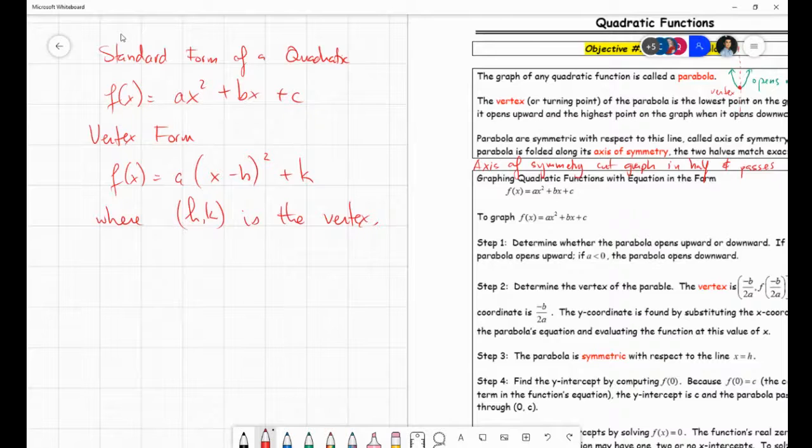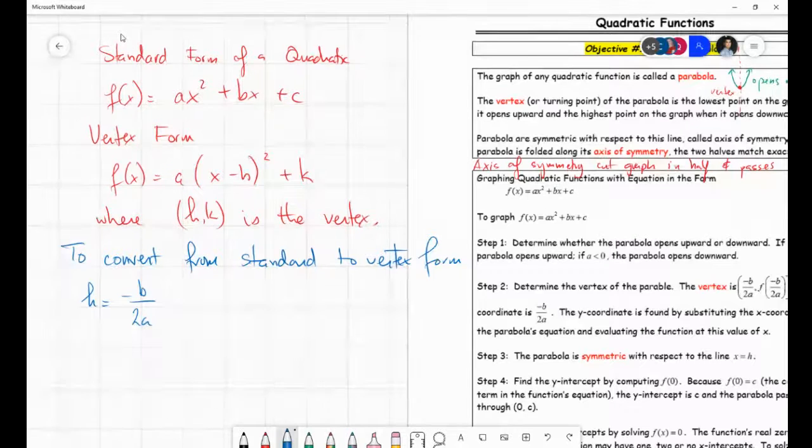And what's nice about it is to convert from standard form to vertex form, you just have to memorize these two formulas. h is equal to negative b over 2a, and k is equal to f of h. So after you find h, you just plug it into the function to find k. Let's do an example.